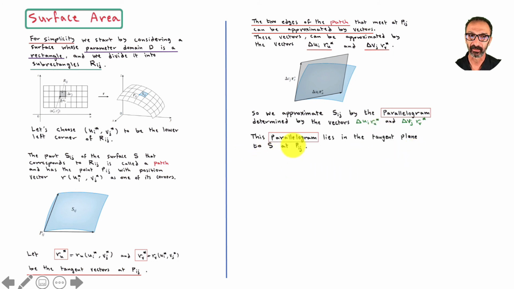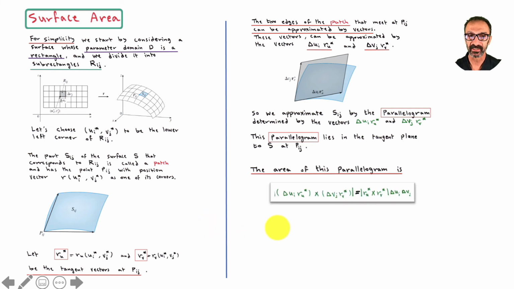By doing the cross product, we simplify this to the following. And this is exactly what we want. And so an approximation to the area of the whole S, not just this patch, will be the summation. We're going to do the Riemann sum.